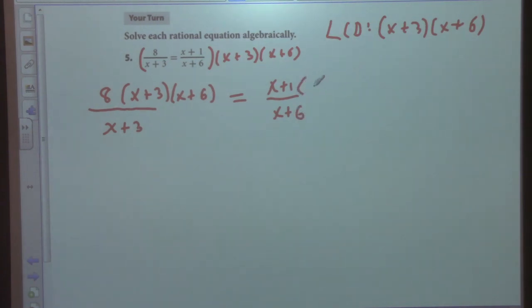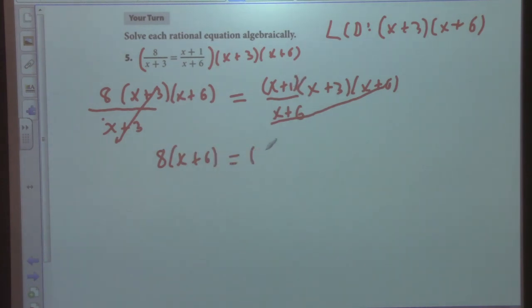Same thing, golden rule of algebra. X plus 3, x plus 6, and we parenthesize everything here. Okay, and so this will cancel out here, and what cancels out here? This. So what we have left is 8 times x plus 6, and on the right side we have x plus 1, x plus 3. And we go ahead and multiply all these together.